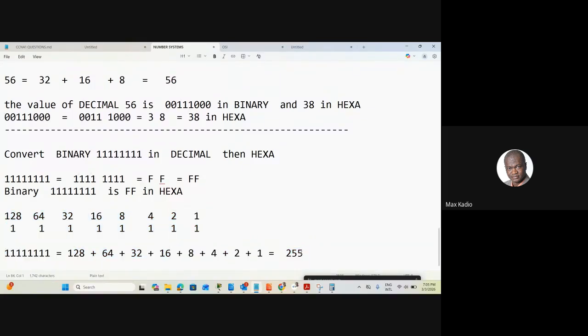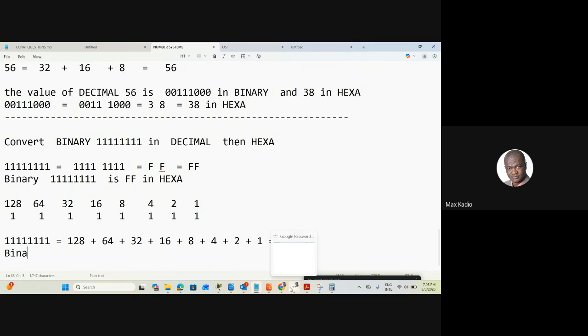Then you put binary all ones is 255 in decimal.